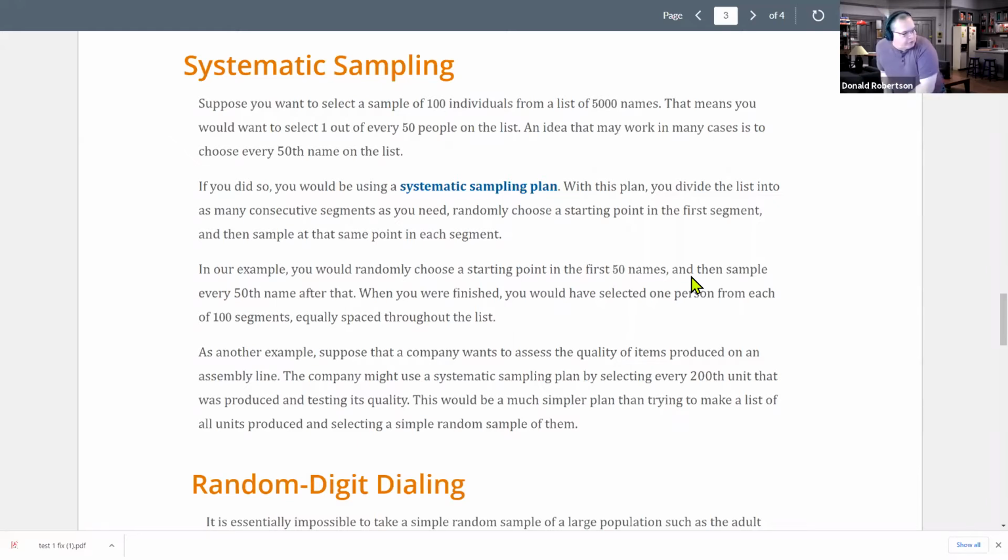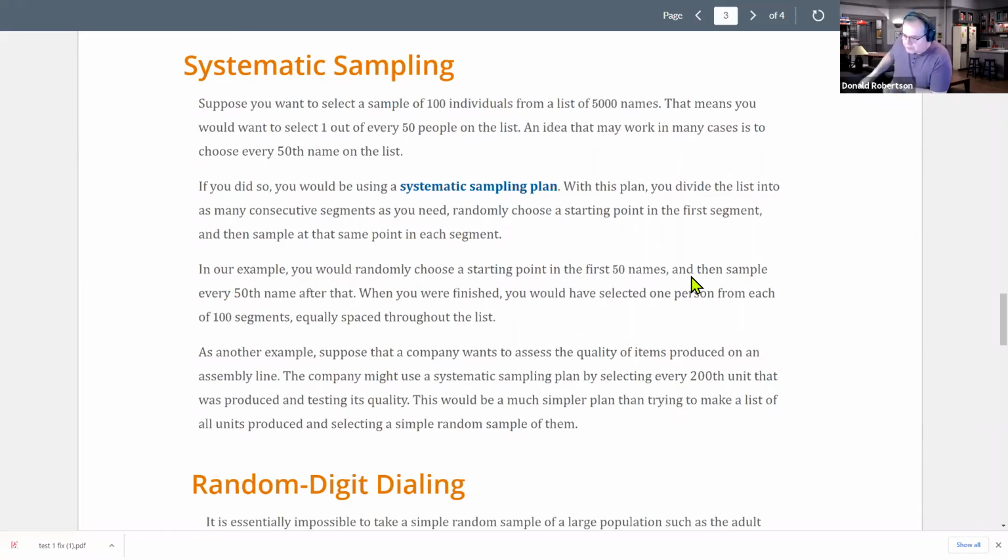You could do a systematic sample where you take everybody at Olympic College by last name and you pick the first person whose last name starts with an A and you ask them the question. And then the first person whose last name starts with a B and you ask them the question. See, there's some kind of systematic choice here, right?